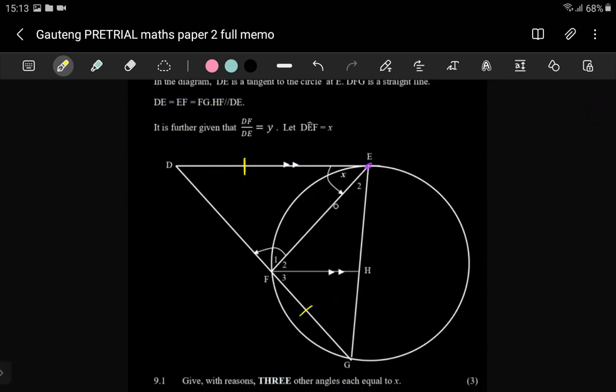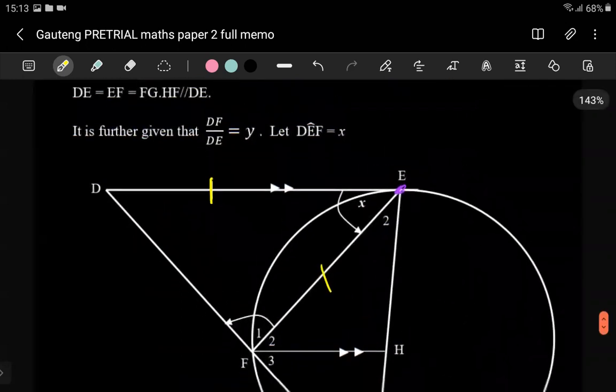Where is EF? Oh, there's no line there, but the statement told us that DE is equal to EF and it is equal to FG. That's very interesting. But anyways, it says the following. It is further given that DF, where is DF?